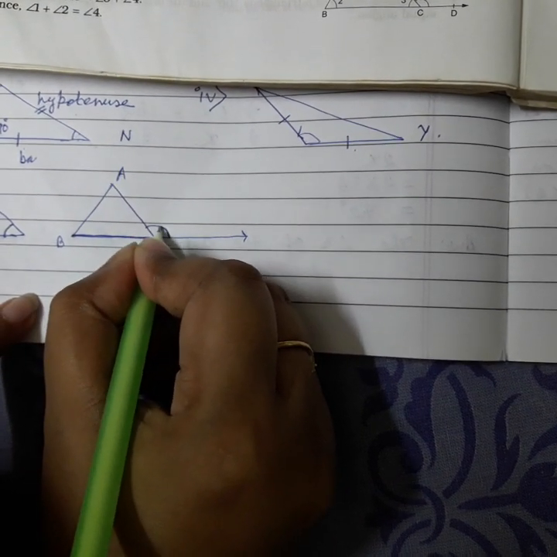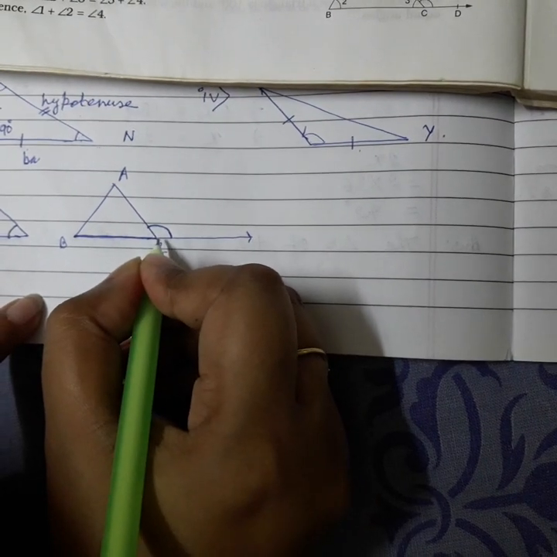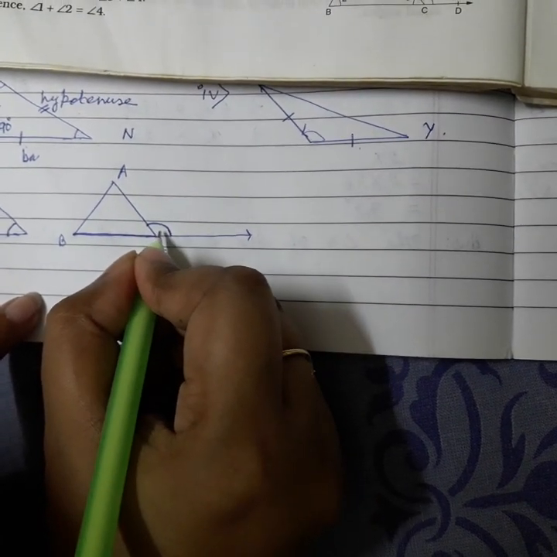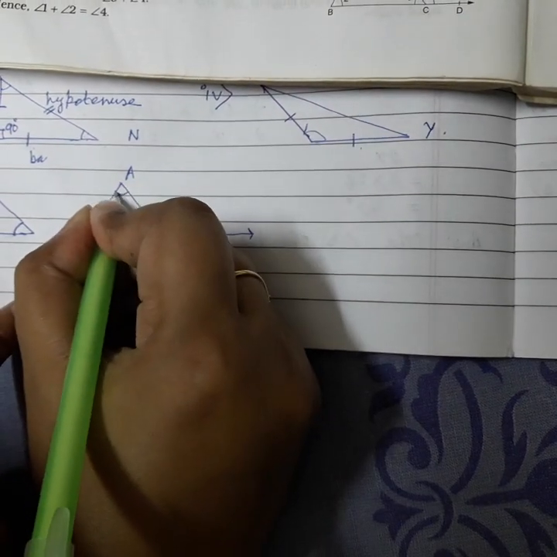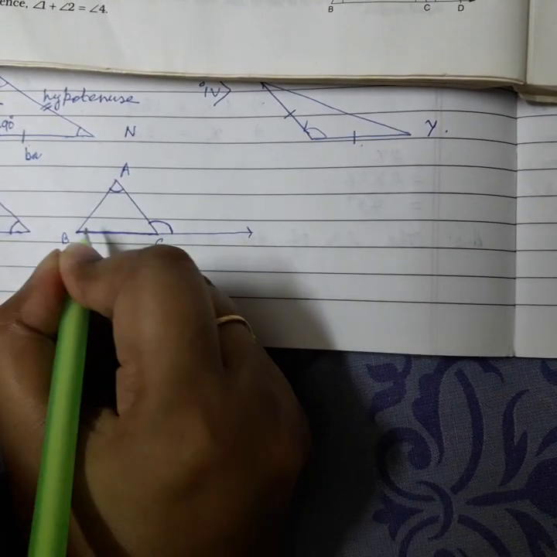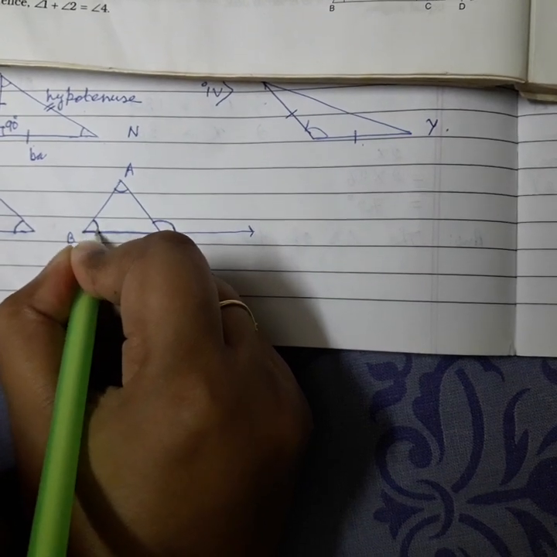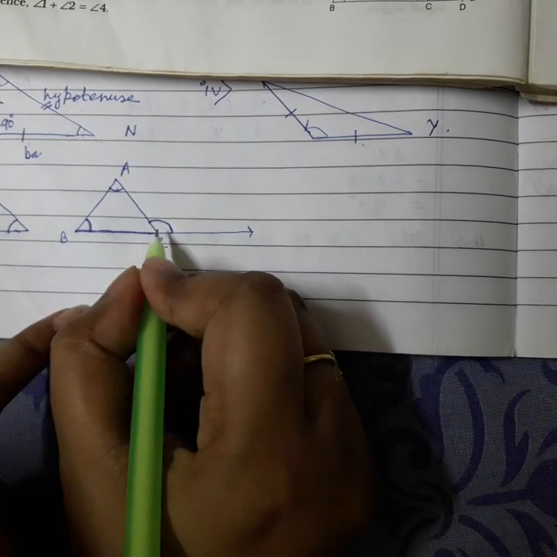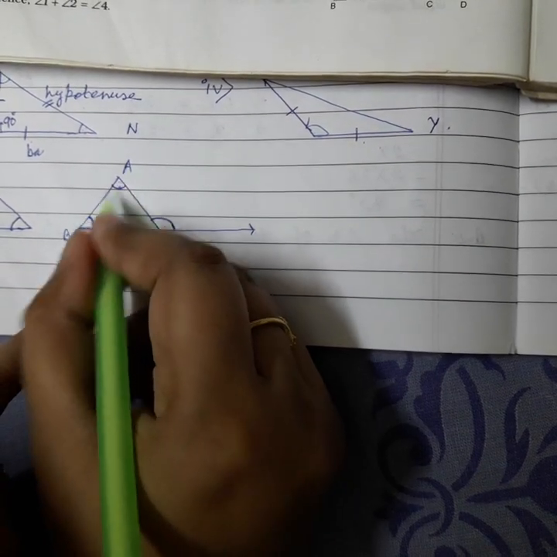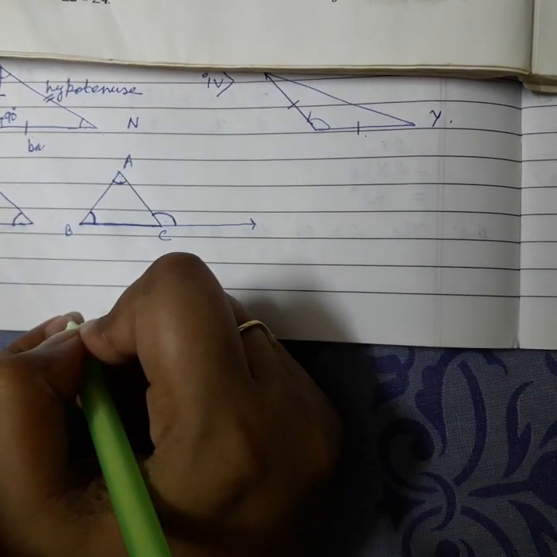That will be the exterior angle, because it is outside of the triangle. This exterior angle will be the sum of the opposite two interior angles. For this exterior angle, what will be the interior angles? These two angles will be the opposite interior angles. So exterior angle equals the sum of the opposite two interior angles.